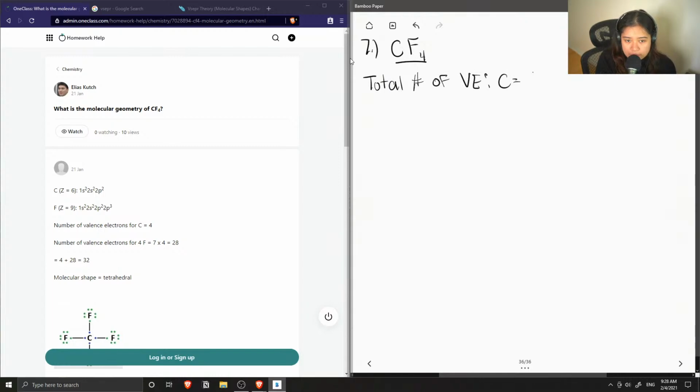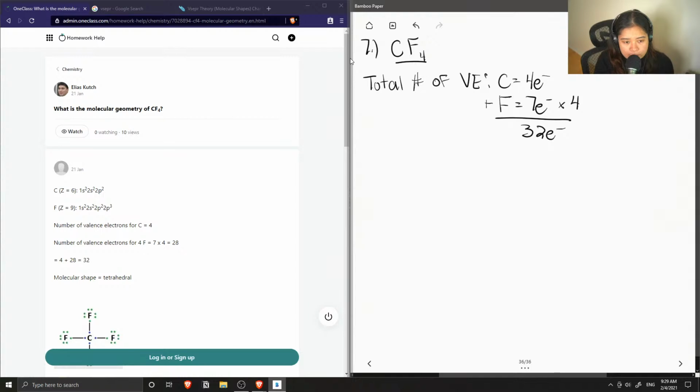So carbon has 4 valence electrons, and fluorine has 7. And since there are 4 fluorine atoms, we multiply this by 4. And when we add these values up, we get a total of 32 valence electrons.